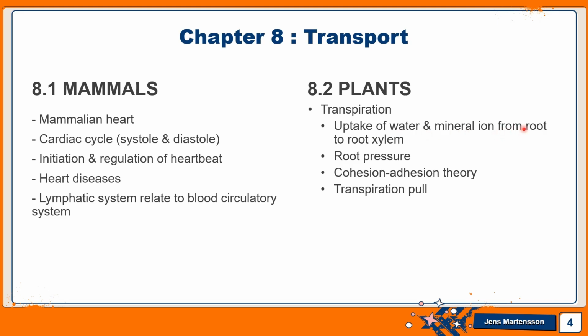So how does the root take up the water and mineral ions into the root xylem. How can the water and mineral ions be taken up by the root and put into the root xylem. This one you have to learn. This is new for the transpiration topic. This is a new topic to you for transpiration.